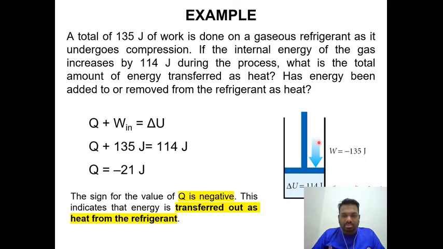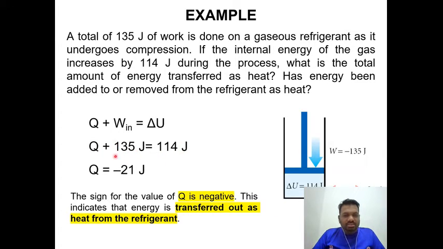So you have work and also heat transfer. Since you don't know in or out, you just put Q. Q plus work in equals the change in energy. The work in is 135. Since the energy entering the system is non-negative, Q plus 135 equals 114.